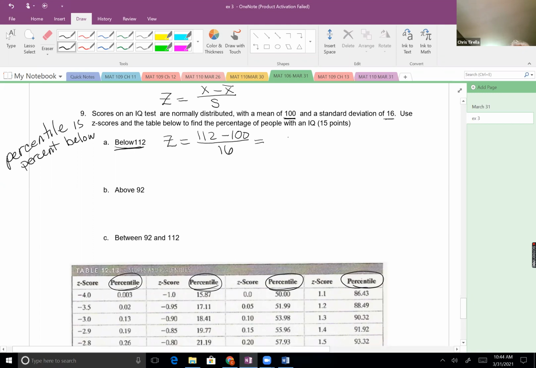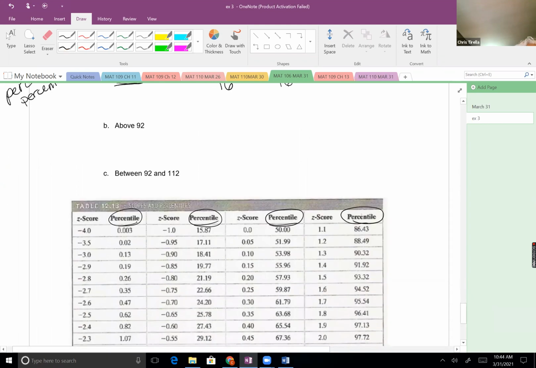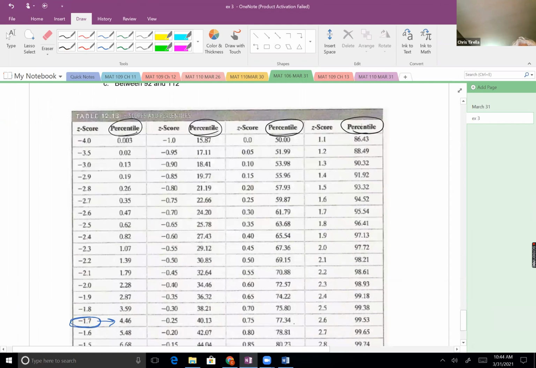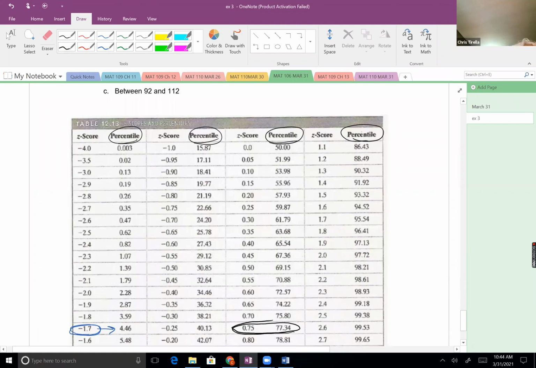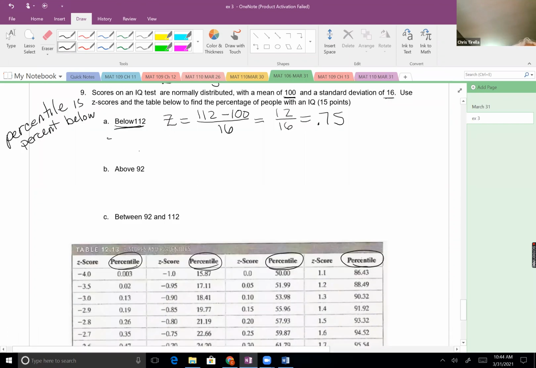So that gives me 12 over 16, which is 0.75. Now I'm going to use the table for a z-score of 0.75. I get the 77.34 percentile. So that's going to be 77.34%.